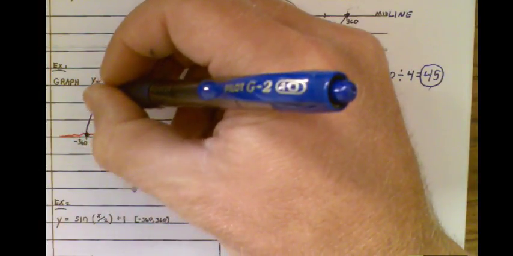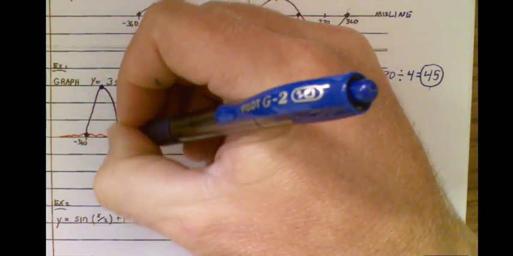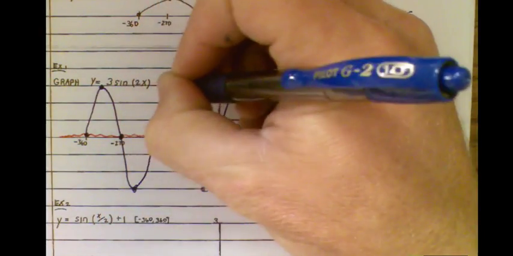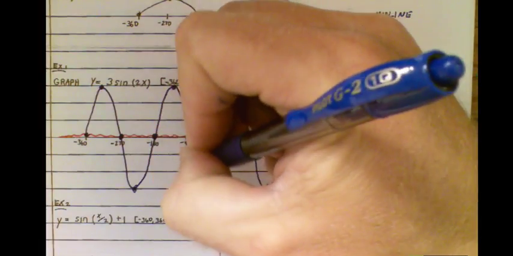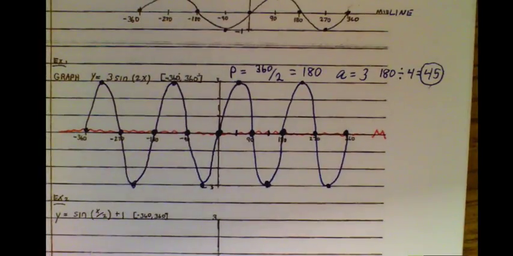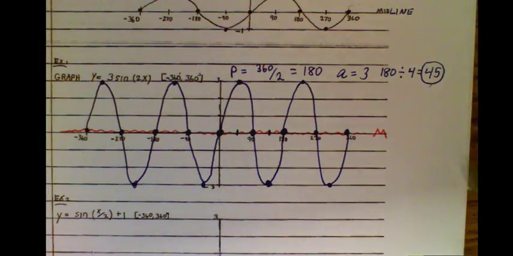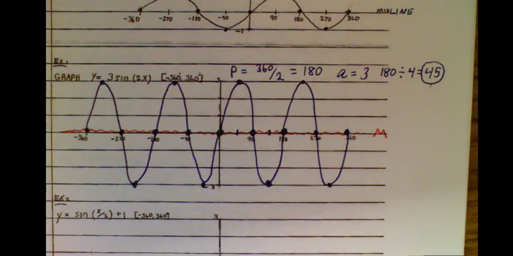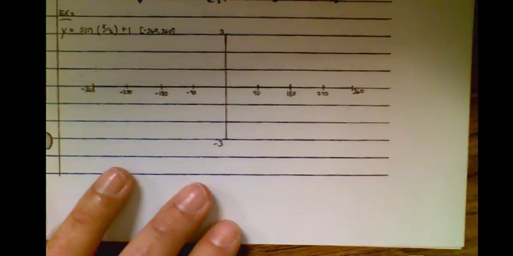So bear with my drawing here. These get uglier as I start going a little quicker. There we go. So it looks like we got 4 full periods within that domain of negative 360 to positive 360. As we go through these, that process is just going to carry on.